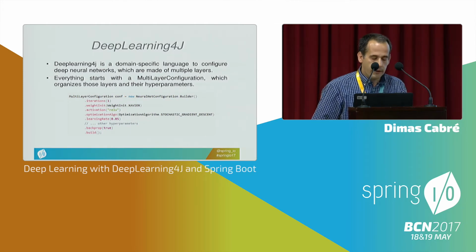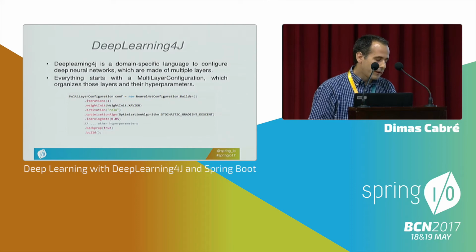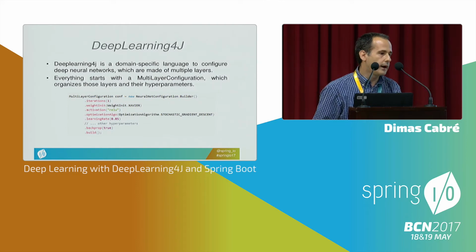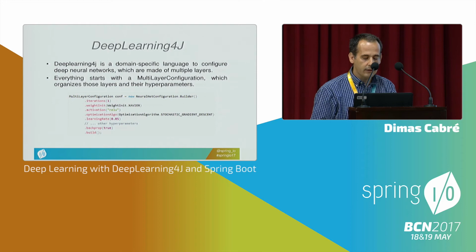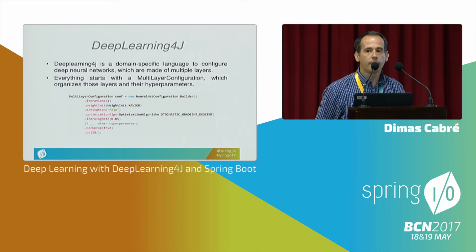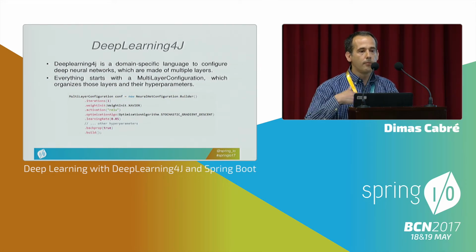How does it work? Of course, you can look at the Java API, which is quite big and complex, but to focus a little, one of the main components of DeepLearning4J is a class called MultiLayerConfiguration. Through MultiLayerConfiguration, you begin to model your network.